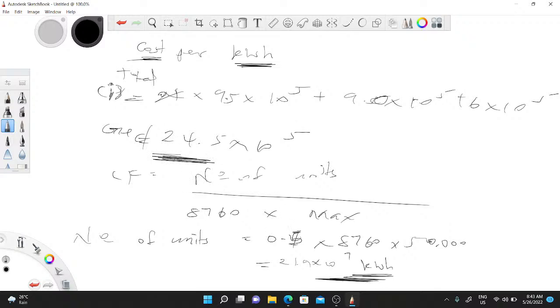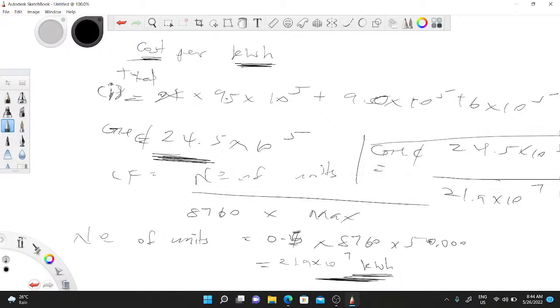So I'm supposed to find the cost per kilowatt hour or the cost per unit. So that means I have to divide this amount, 24.5 times 10 exponent 5, in Ghana cedis, over 21.9 times 10 exponent 7. This division will give you your cost per kilowatt hour.